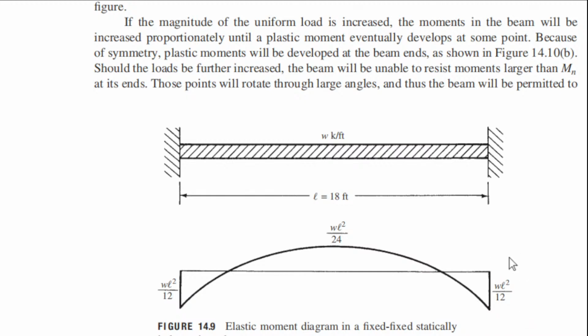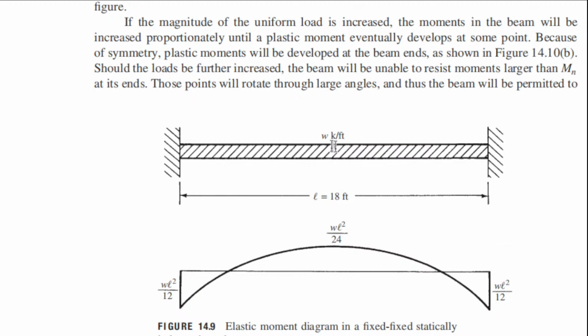Or for example, let us assume another value. Assume 100 is Mn. And then we get 2 kilopounds per foot, then we have 54. So still, our structure can elastically resist.